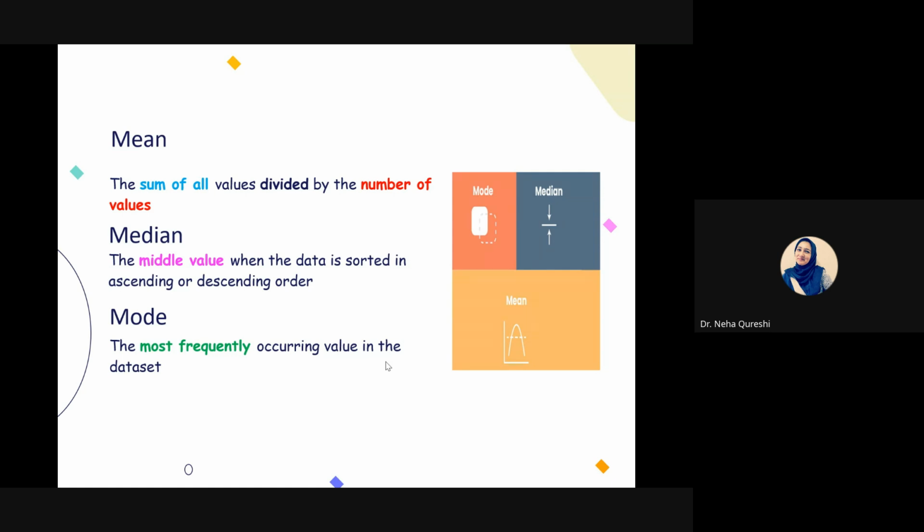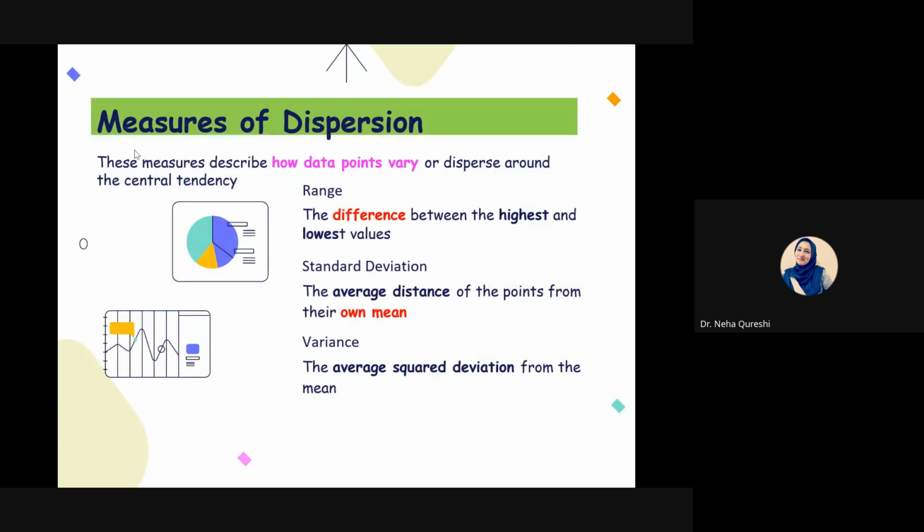And mode is something which is most frequently occurring in the data set. So with that also, you can judge. So these three are the measures of central tendency. And here, the mean is most robust. And that's why this is mostly used with all the parametric data analytical tools. And median and mode you will mostly find with non-parametric tests.